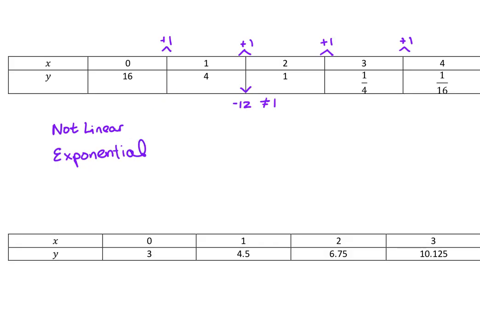Okay, so let's think about this from an exponential standpoint. How do we get from 16 to 4? Remember, multiplication and division are basically the same operation. And so we're going to divide by 4. Do we do the same thing all the way across? Well, if we do 4 divided by 4, do we get 1? We do. If we do 1 divided by 4, do we get 1/4? We do.